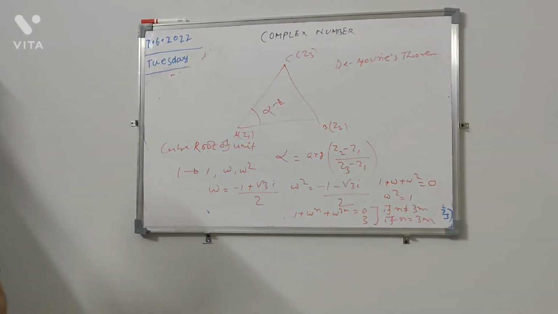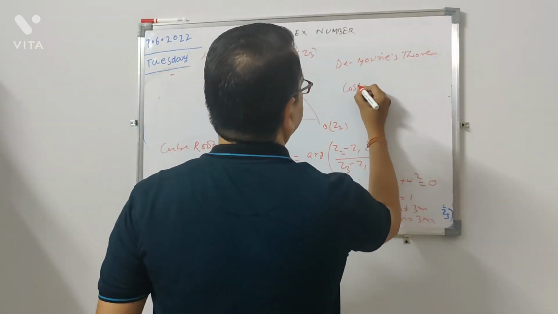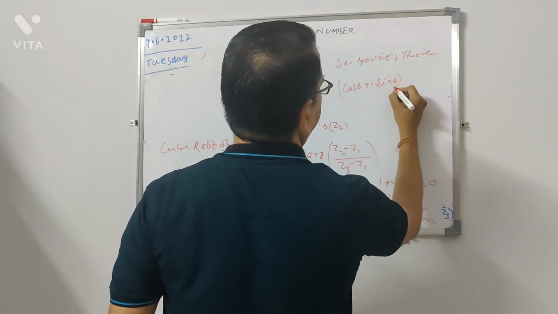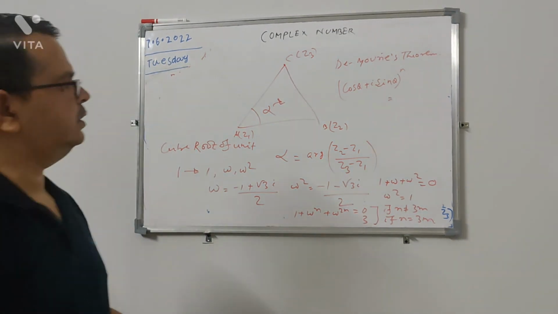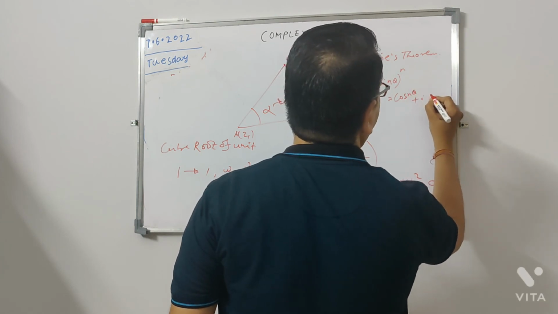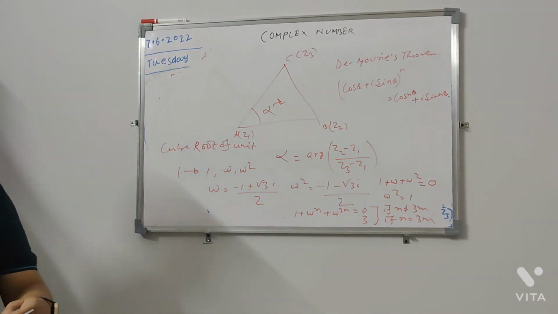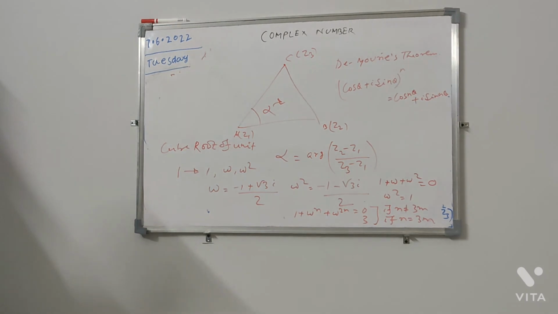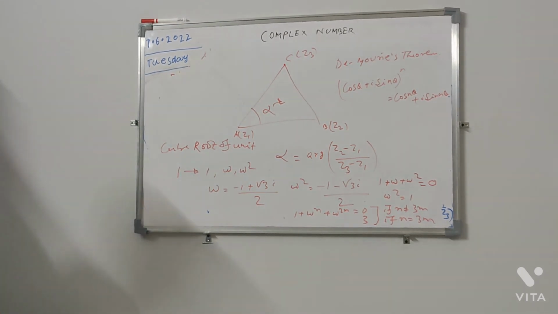So what does it say? (cos theta plus i sin theta) to the power n is equal to cos n theta plus i sin n theta, with the angle as an integral multiple of the power to which it is raised. So this is your De Moivre's theorem.